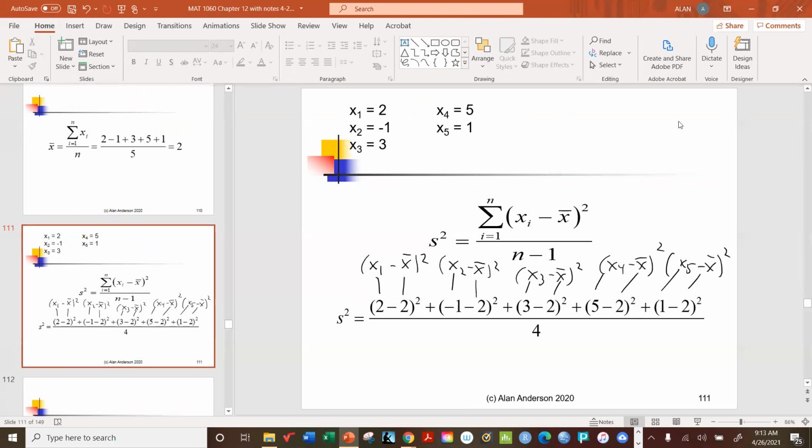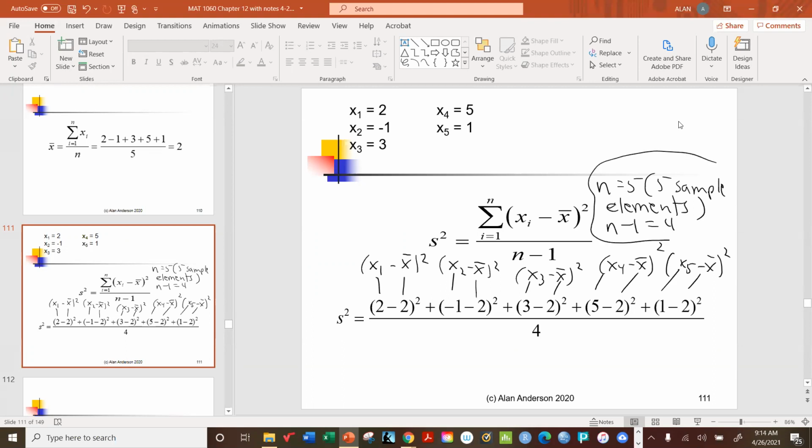Also, if you notice, n is 5 because there's 5 elements. And that means that n minus 1 would be 4. So that's why 4 is in the denominator.